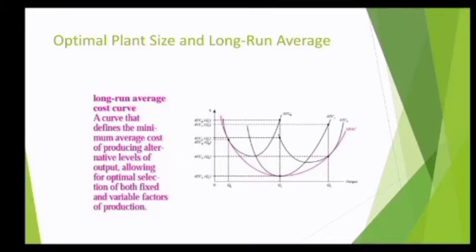So we can see that the short run average cost curve ATC sub 0 is drawn under the assumption that there are some fixed factors of production. The average total cost, optimal selection of all variables of production, both fixed and variable factors.